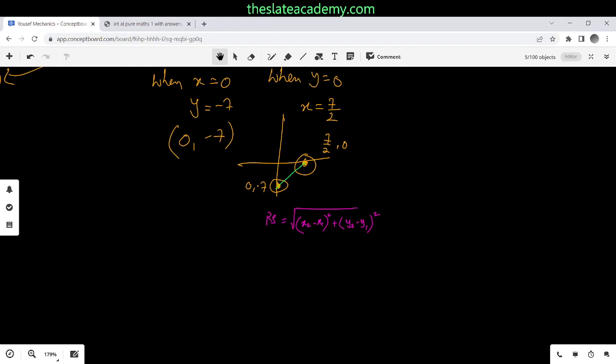So I can construct a right angled triangle. RS squared is equal to, let me call this S1 and this R1, S1 squared plus R1 squared. Hypotenuse squared is equal to adjacent squared plus opposite squared, right?